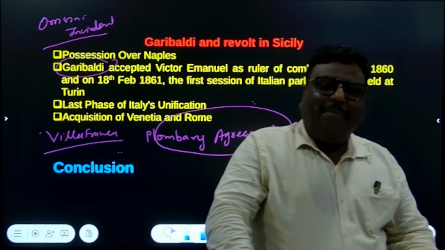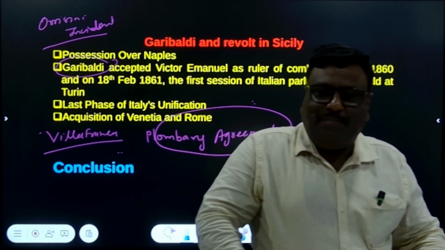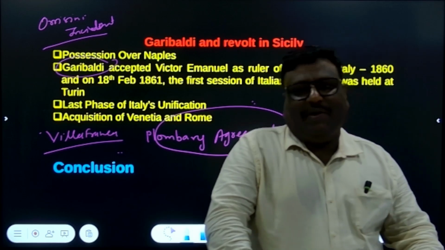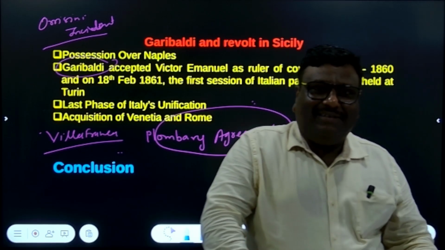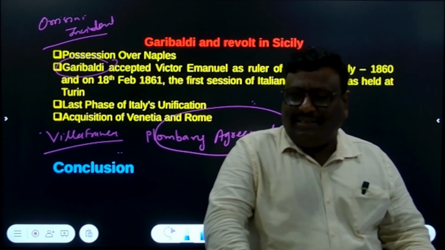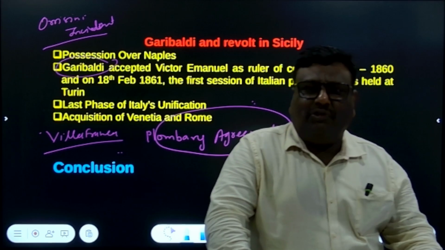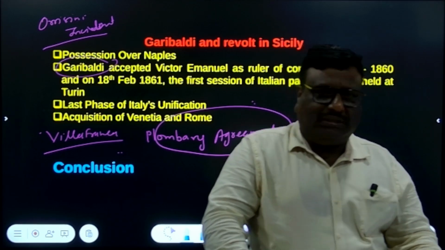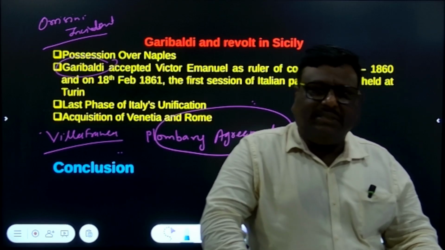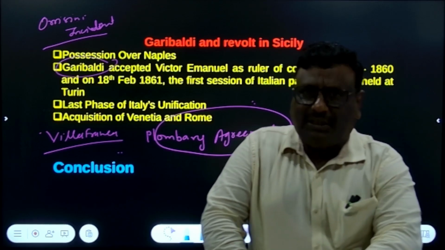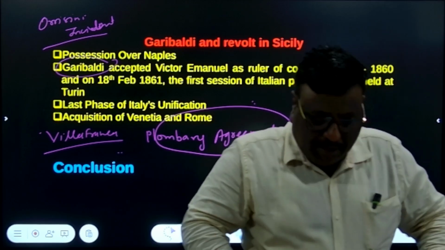Garibaldi humbly replied that there is no reward bigger than patriotism. Garibaldi, who conquered 50% of the Italian regions by his own muscle power, surrendered all those conquered states to Sardinia and did not accept any post in the administration. In fact, he took retirement.